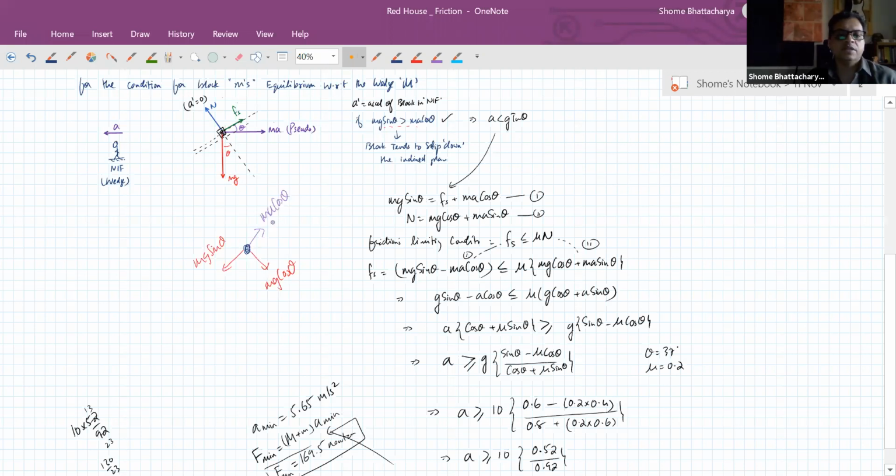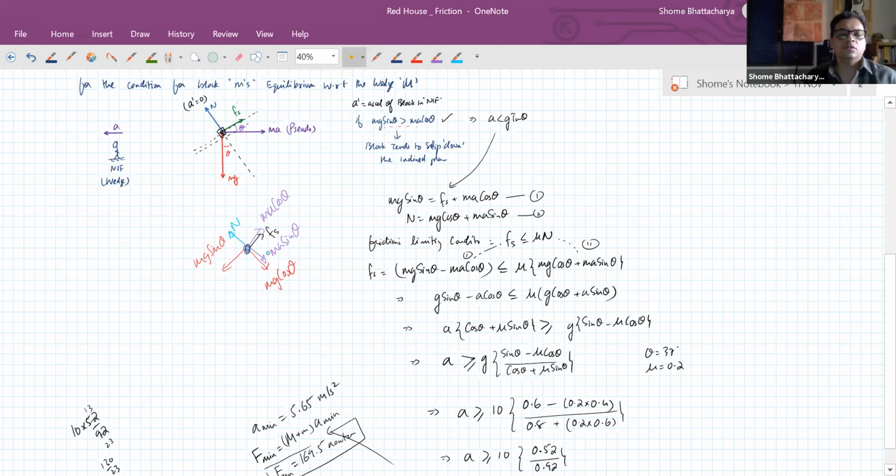But if this one dominates, then friction has to come to the rescue to save it from sliding down the inclined plane. So that is what we are taking in this case. Friction is having to help this. This is our static friction, and of course there is normal reaction in this direction.